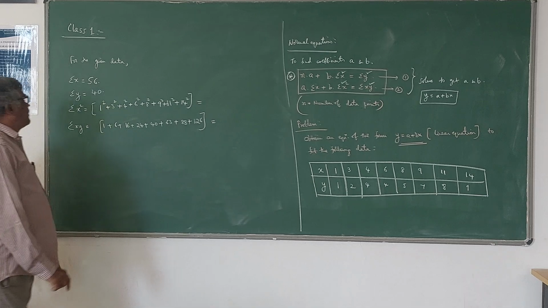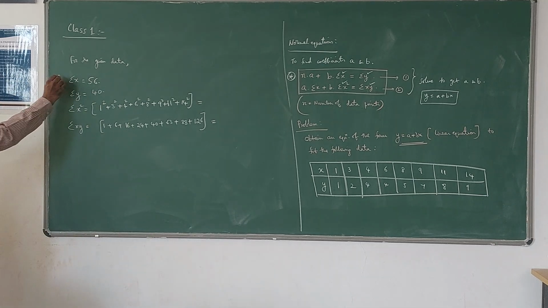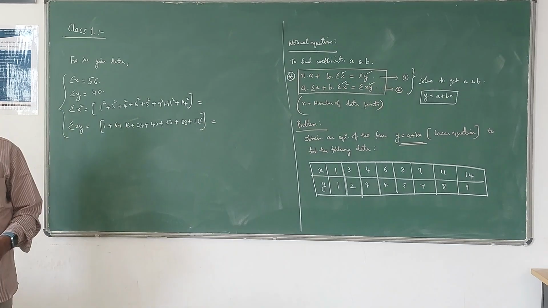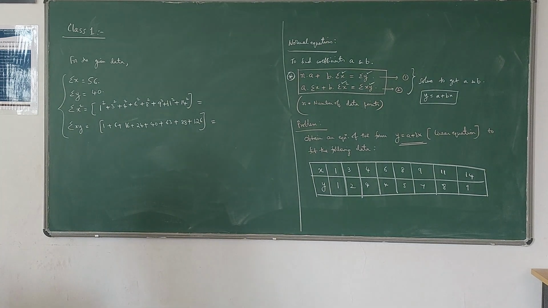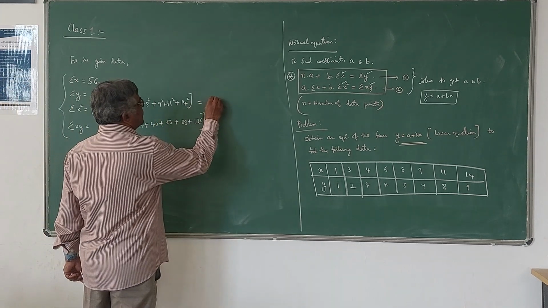So let us find out these 4 sums. What is the value of sigma x square? 524. You can just check it.